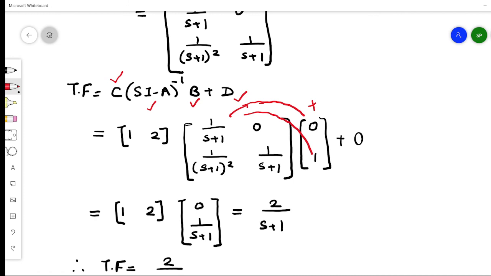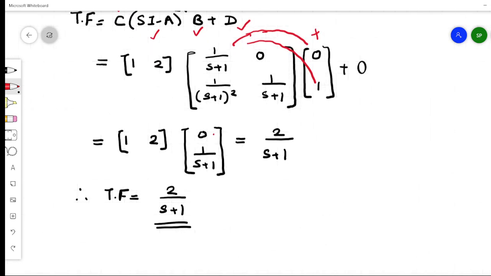So you'll be getting the answer as the matrix 0, 1 by s plus 1. Now we have to multiply it with 1 2, that is C. So 1 into 0 plus 2 into 1 by s plus 1. So we'll be getting the value as 2 by s plus 1. So this is nothing but the transfer function.